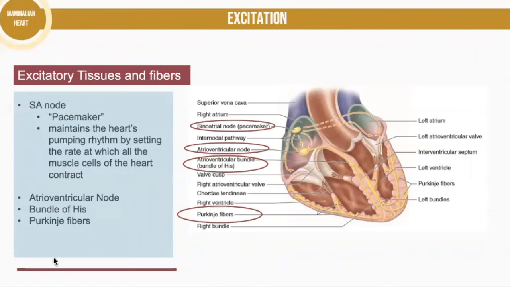Now, here are the Purkinje fibers. The Purkinje fibers form a network of specialized cells that rapidly transmit cardiac action potentials from the atrioventricular bundle to the myocardium of the ventricles. So they mainly function for coordinated ventricular contraction.